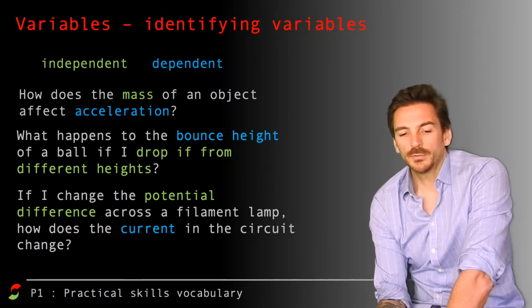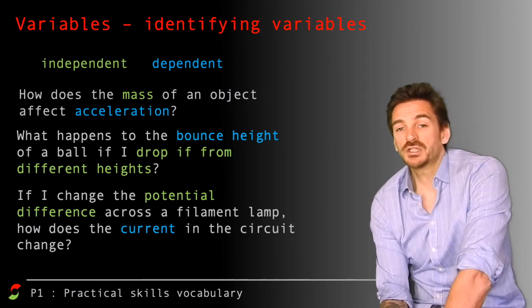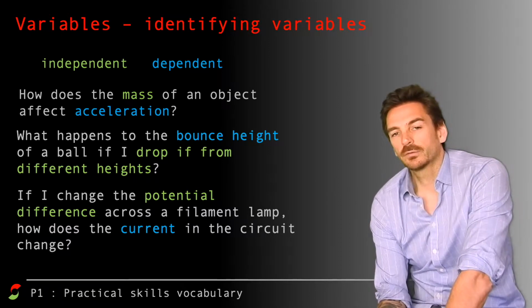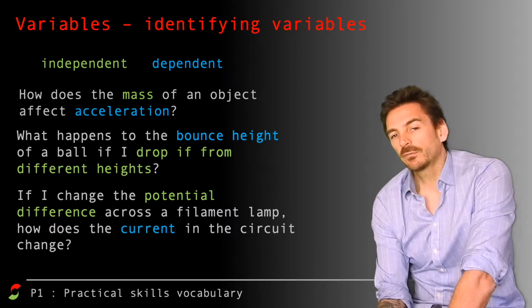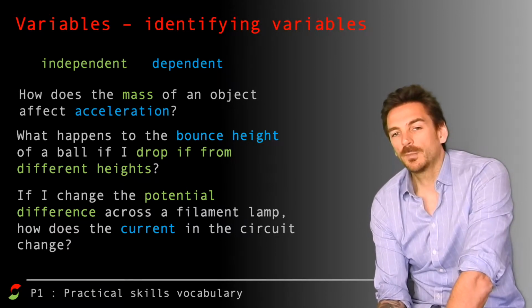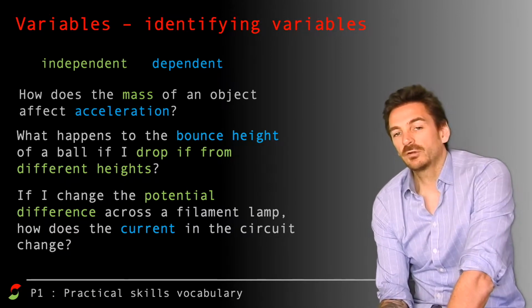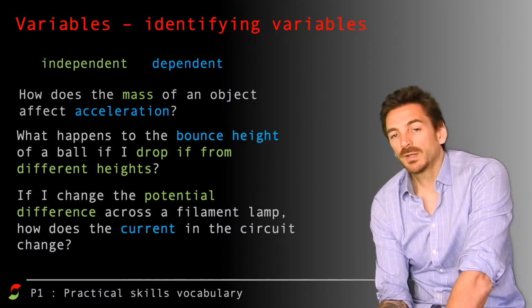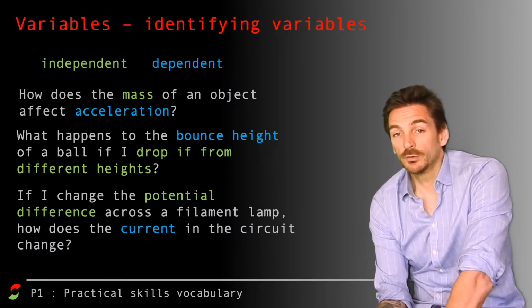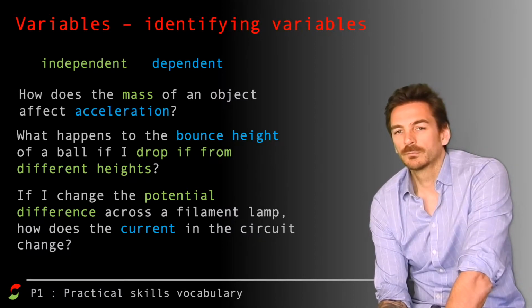It says if I change the potential difference, that clearly means that's the independent variable. If the scientist changes it, it's the independent, and if it is changed by the independent variable, it's the dependent variable. Try and learn those two definitions.